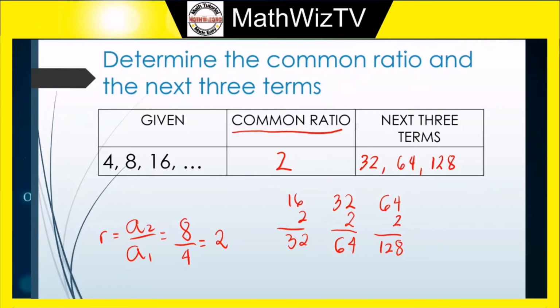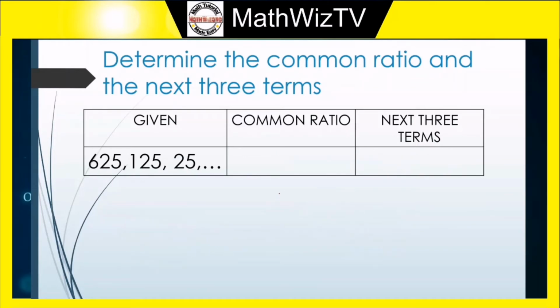Okay, next, let us proceed with another example. In here, the given are 625, 125, and 25. So again, what we will do is get the ratio or common ratio. So r is equal to a sub 2 all over a sub 1.